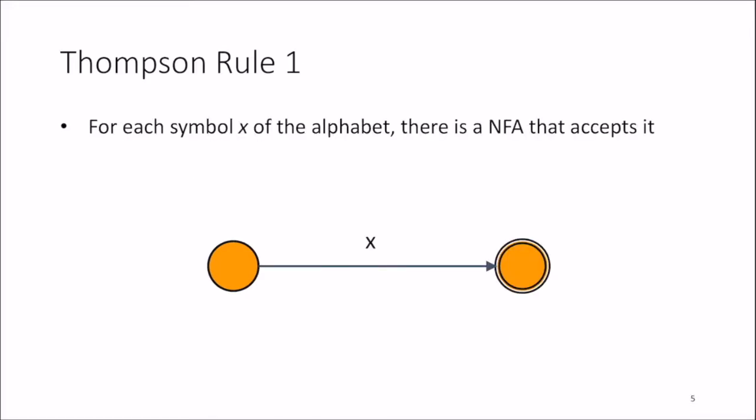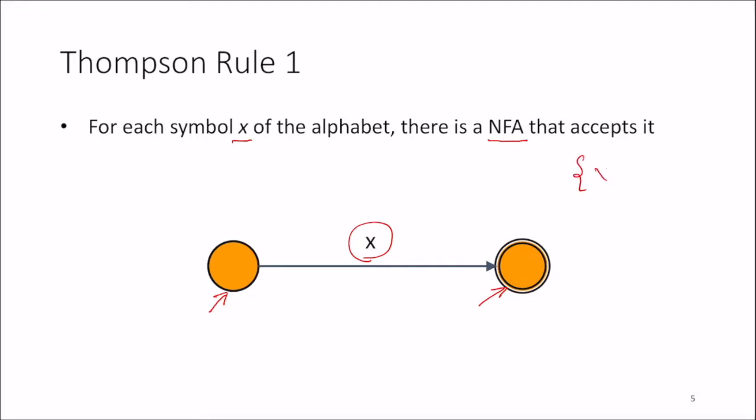Thompson rule number 1 is sort of the base case. For every symbol X of the alphabet, there is an NFA that accepts it. That's a very simple NFA that has a single start state. It has an edge on the input symbol X, and it reaches a final state.